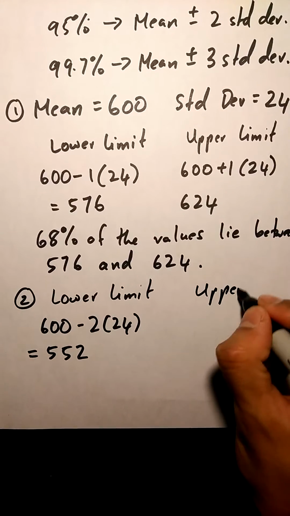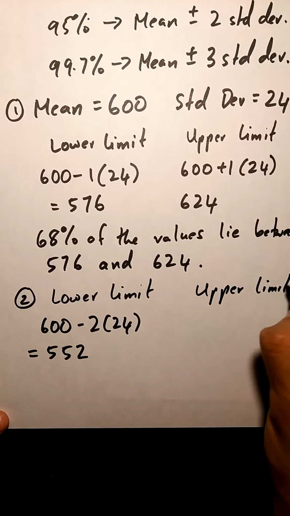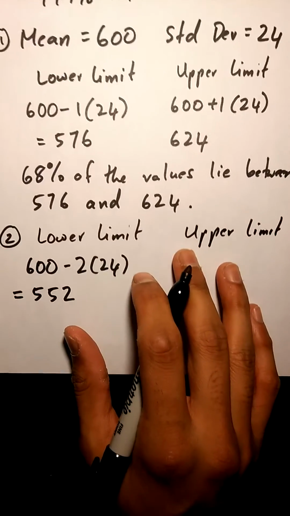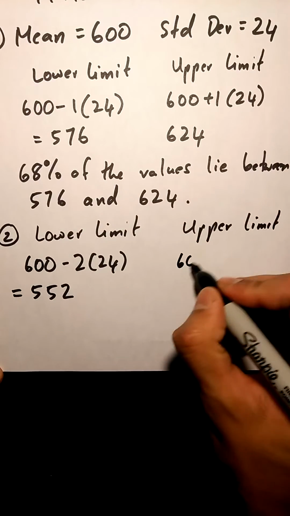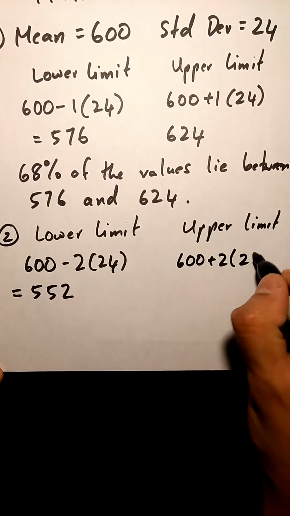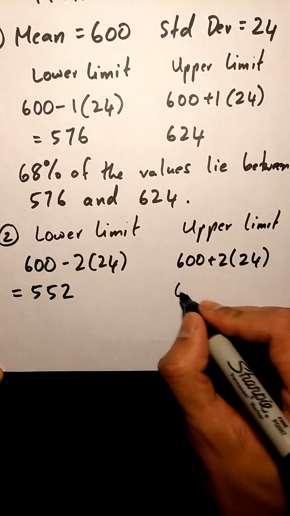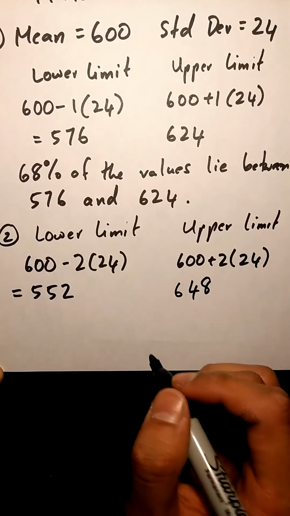Our upper limit is 600 plus 2 standard deviations, which is going to give us 648.